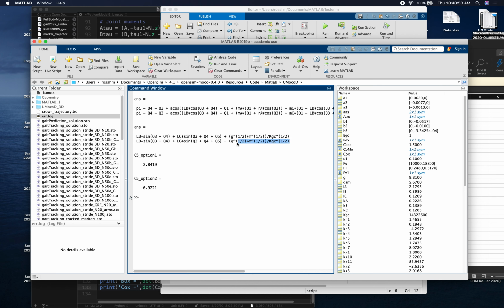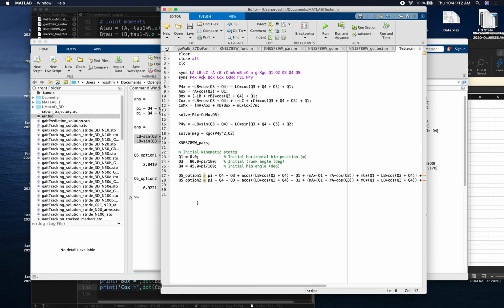Okay, now here again, I have two expressions for possible values of Q2, of that initial height of the hip. Both of these will give me an initial ground reaction force equal to body weight, at least the code thinks it will, and then it turns out actually only one of them will. So let's copy these expressions over here. And these are my options for my initial Q2.